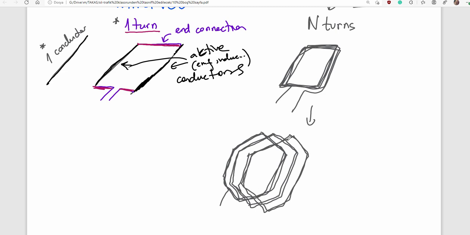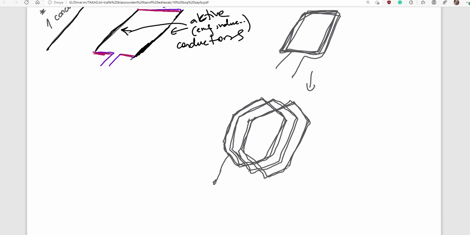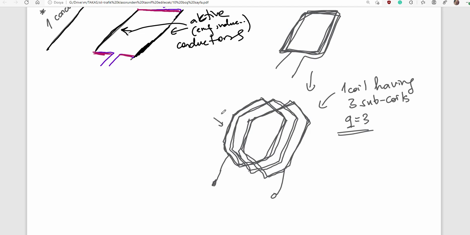All those are the same size. It is difficult to draw here. So that is one coil having 3 subcoils. A few minutes later, I will make a definition, and here Q, the number of subcoils in a coil, is 3.